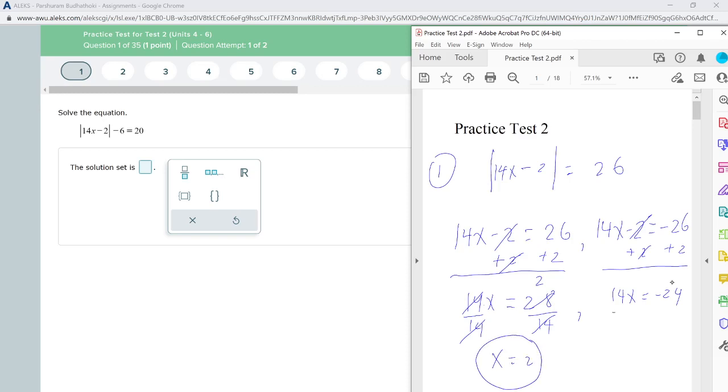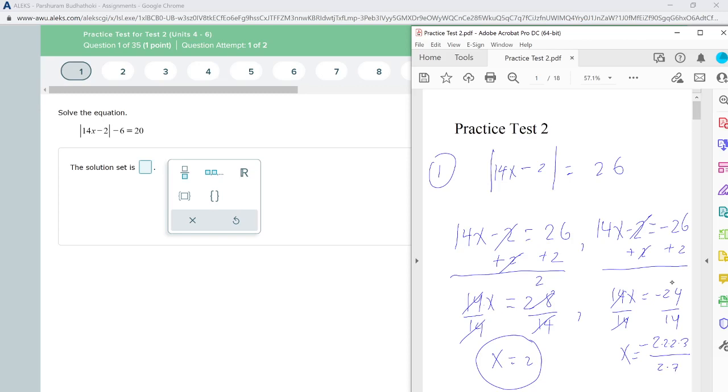We have to do the same thing here, divide both sides by 14, and you have to cancel the common factor. So when you divide negative 24 by 14, you can see that 24 has the factor 2 times 2 times 2 times 3, and 14 is 2 times 7.